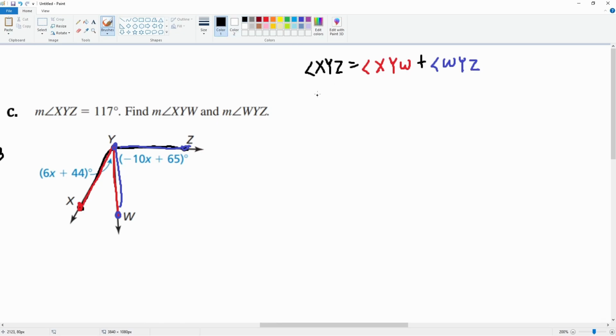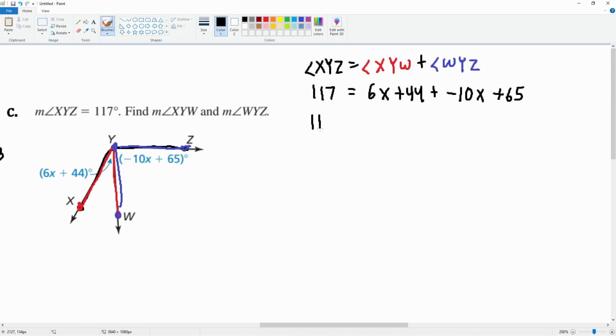So we can now plug in our values. 117 is XYZ. Then the red XYW is 6x plus 44, plus angle WYZ, which is negative 10x plus 65.